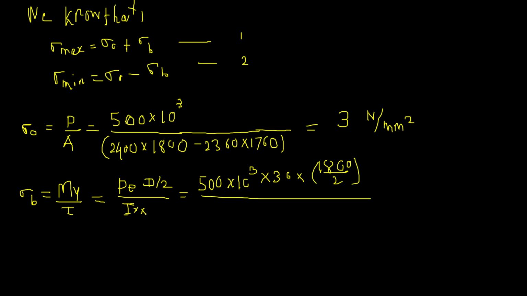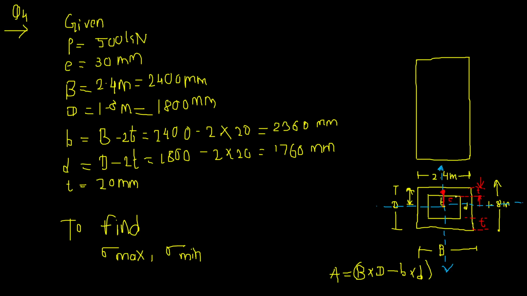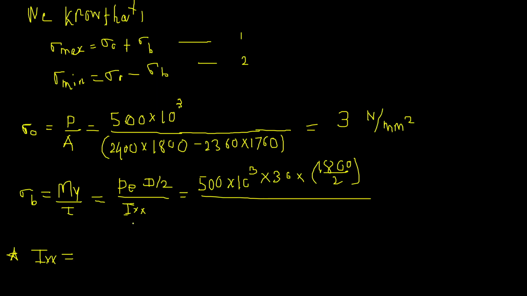Now the most important is Ixx. This problem is only for this calculation of Ixx. So for a hollow rectangular section, what is the value of Ixx in this case? For that we should know the value of Ixx for a normal rectangle. What is the formula? BD cube by 12.